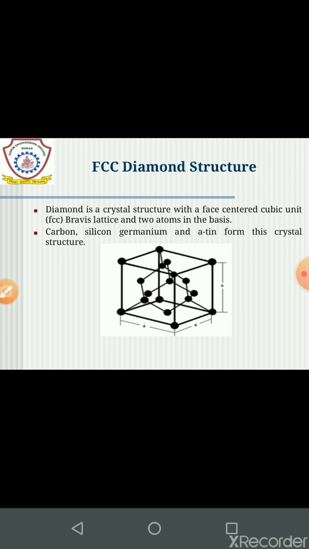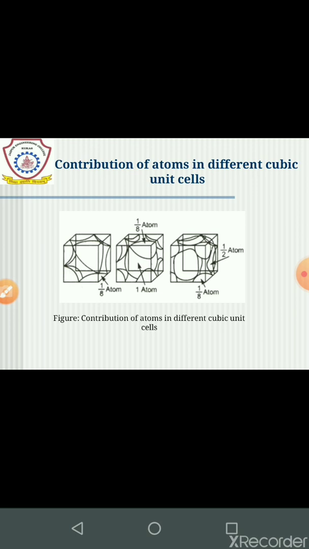Carbon, silicon, germanium and alpha tin form this crystal structure. The different crystals we have studied are shown with the contribution of atoms in different cubic unit cells: simple cubic, BCC and FCC.